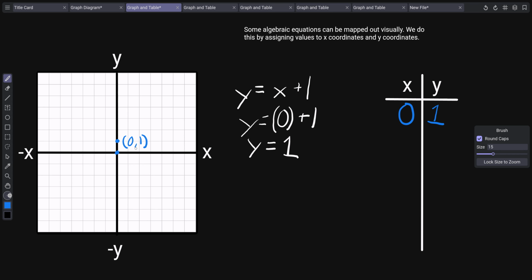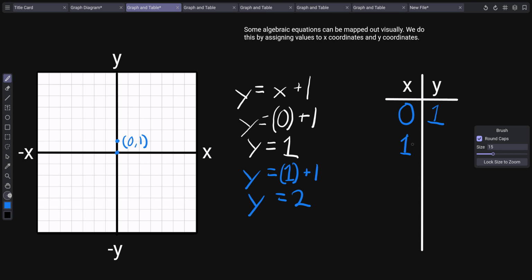And let's say we did another equation, right? We did y equals... say we substituted 1 in for x. Now we could put in 1 for the x, and then we add another 1 to it. This gives us 2. So putting this on our table, we would leave 1 here on the x side because that is what we substituted.